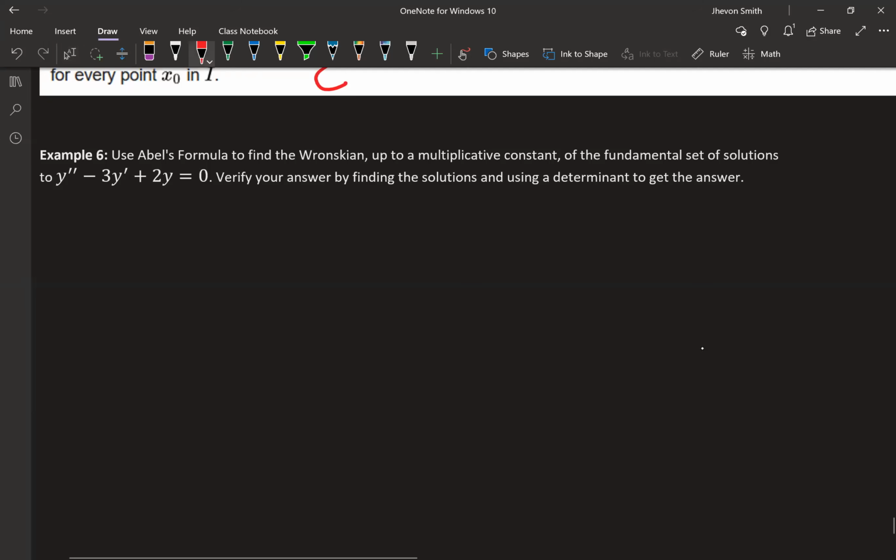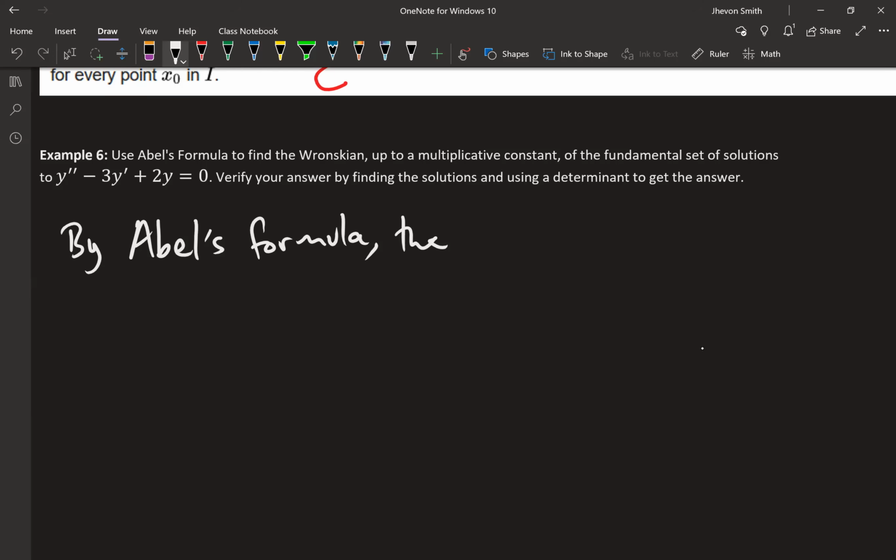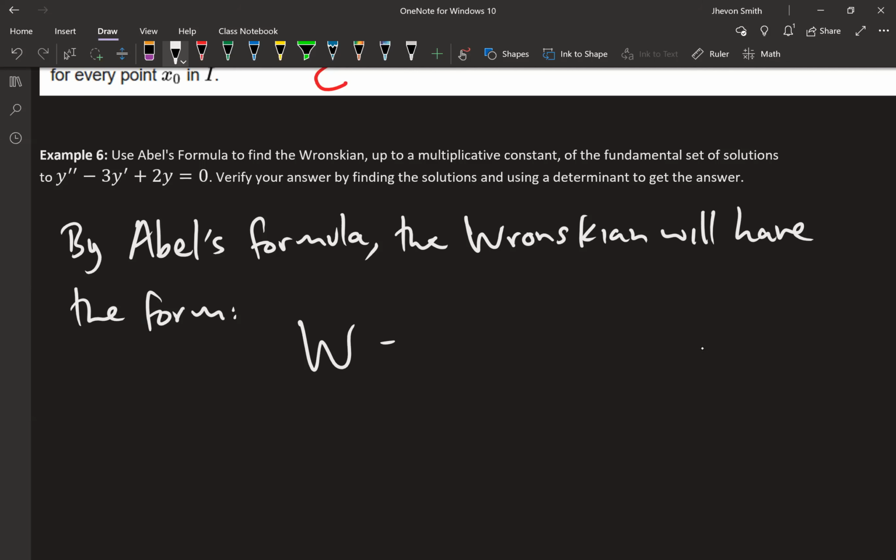So here, by Abel's formula, the Wronskian is going to have this form: C e to the minus the integral of 3 dt.